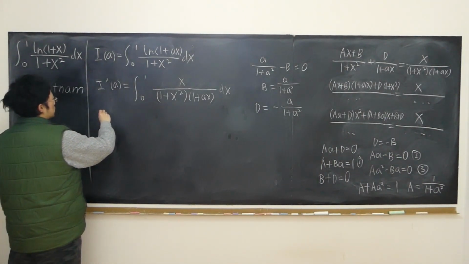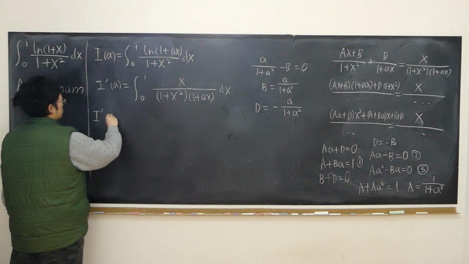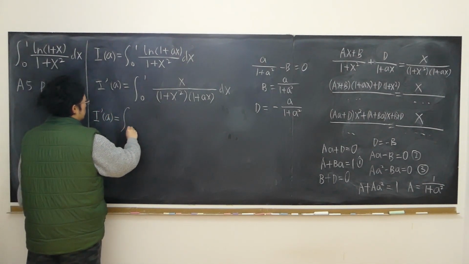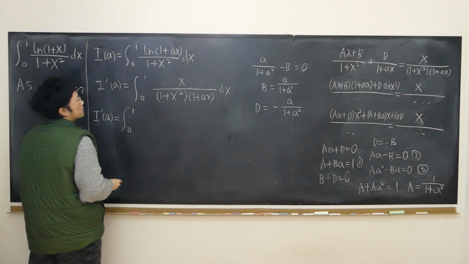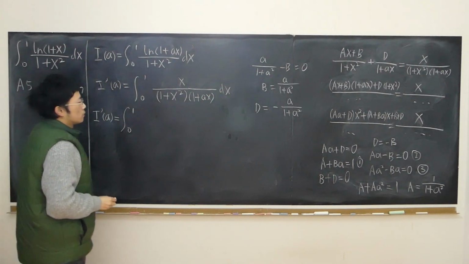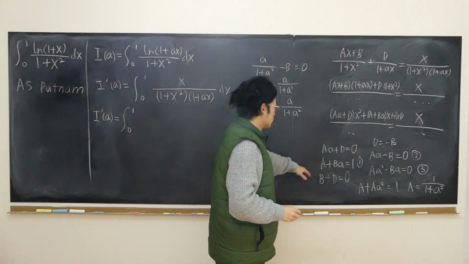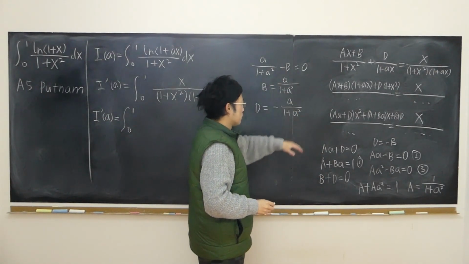So we can say I dash a is now easily equal to the integral from 0 to 1. I'm still going to use A, B, D because this is too much for me to write down.